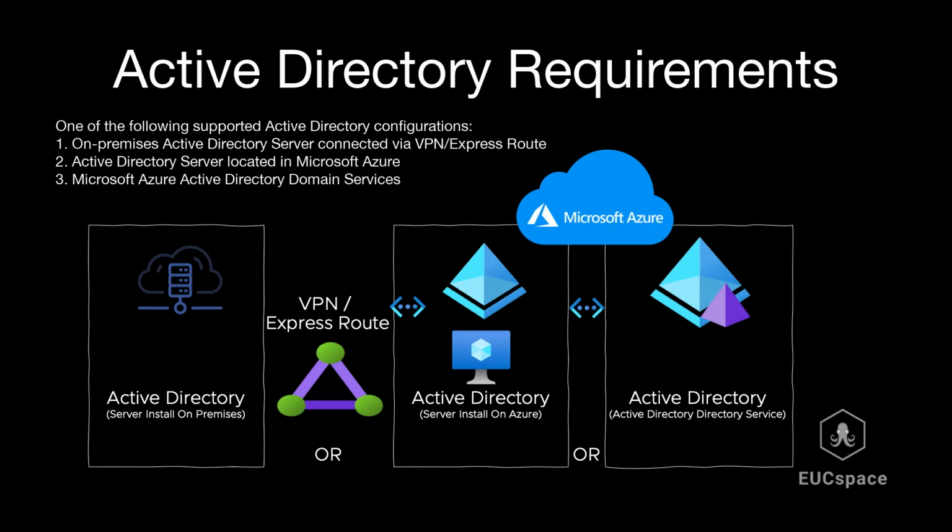The first configuration is to have Active Directory installed on a server, on-premise with a VPN, or using Express route into Azure. The second supported scenario is to have Active Directory installed within your Azure Cloud region. The third is to have Microsoft Azure Active Directory domain services enabled and using this as the LDAP connection.